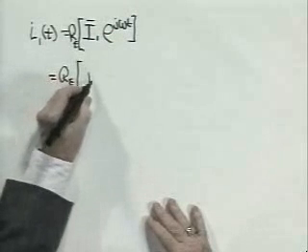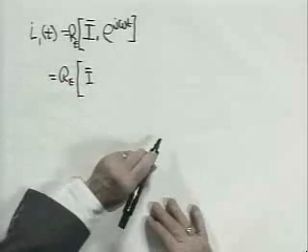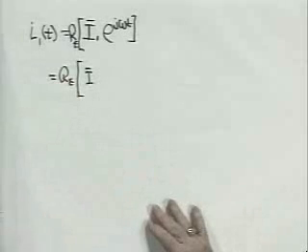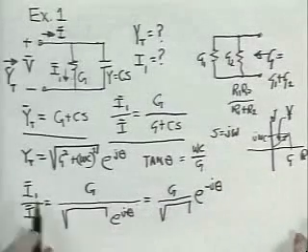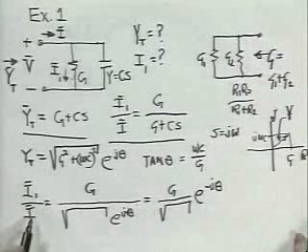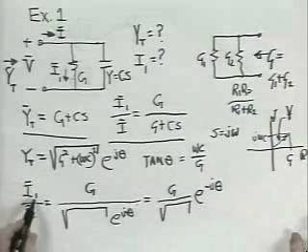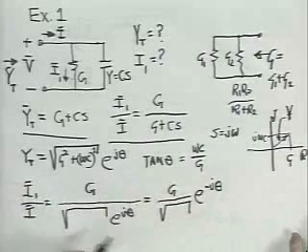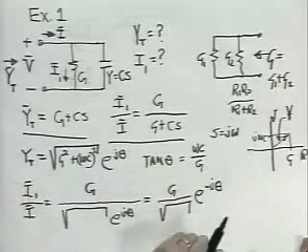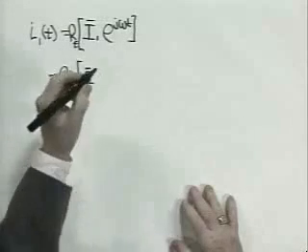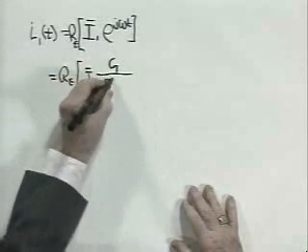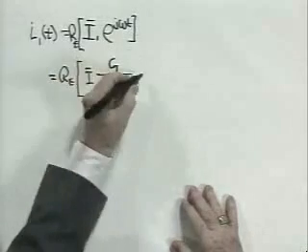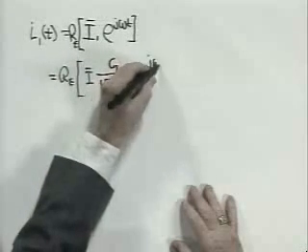I1 is equal to I complex number. Turn back here for a second so you're clear what I'm doing. I'm looking at this ratio of complex amplitudes, multiplying through by this complex amplitude to give me I1 bar. I1 bar is equal to this complex number multiplied by I bar. So it's I bar G over the radical times e to the j omega t.